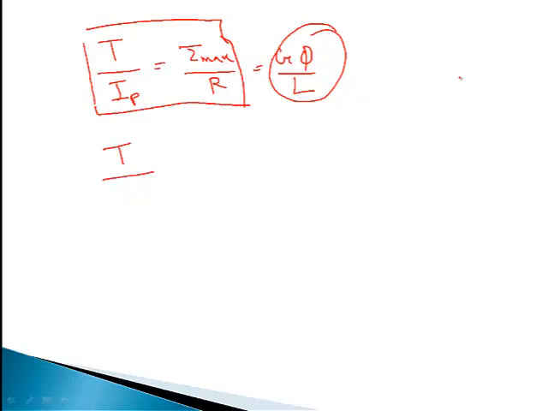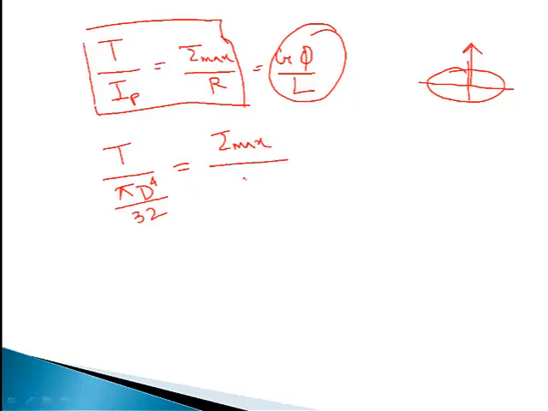The direct formula is pi d to the fourth by 32 for the polar moment of inertia of a circular section. Tau max we have to find out, and R is the radius. So if you do it, you will get tau max equal to 16 T by pi d cube. So we are getting it.